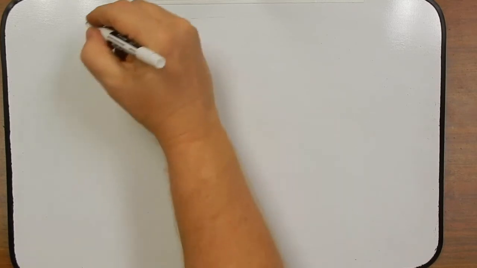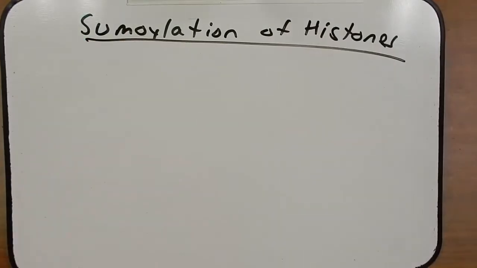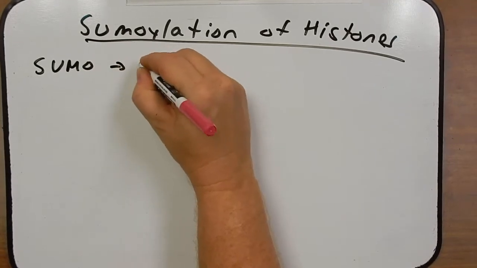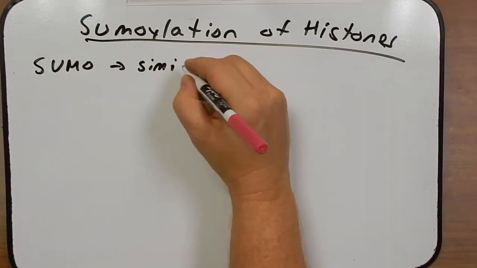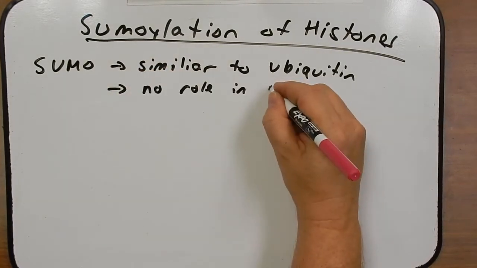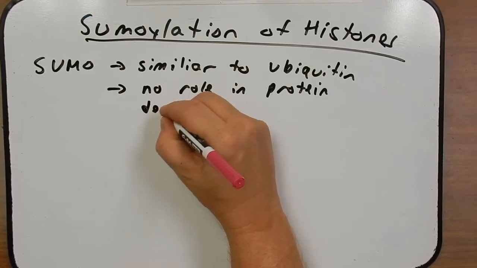Okay, next I'd like to spend a small bit of time, not too much time, talking about sumolation of histones. So what is a sumo group? Well, a sumo group is similar to a ubiquitin. It's different though because it has no role in protein degradation.